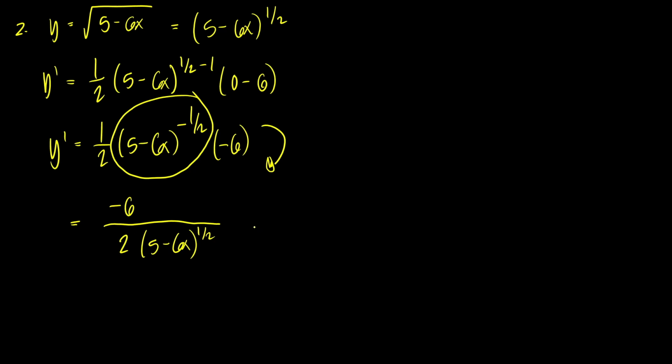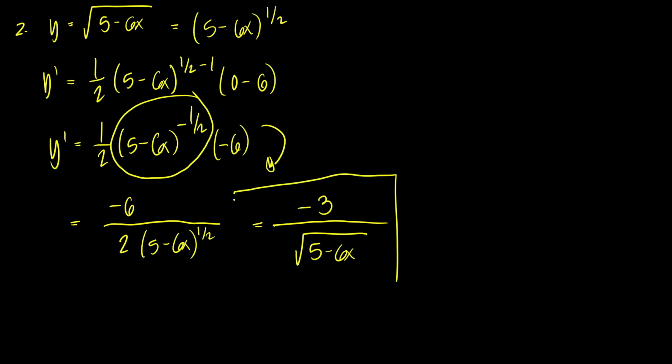Negative 6 divided by 2 gives us negative 3, over the square root of 5 minus 6x, since raised to 1/2 and square root are just the same.